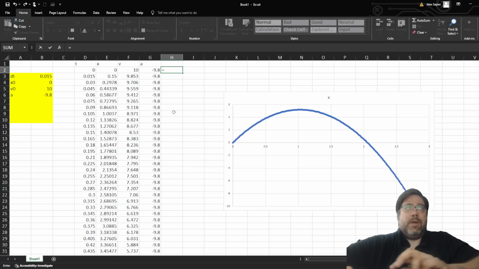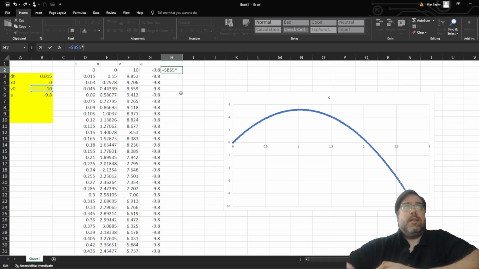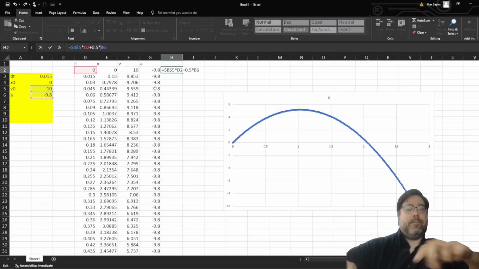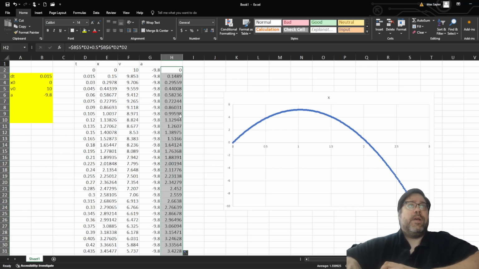Remember that our formula that we derived for constant acceleration is x naught plus v naught times t plus 1/2 times a times t squared. I can do that as well.